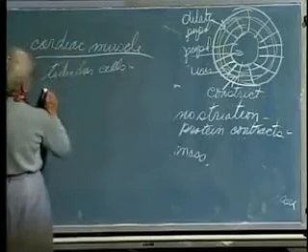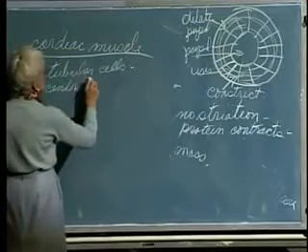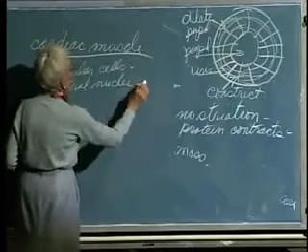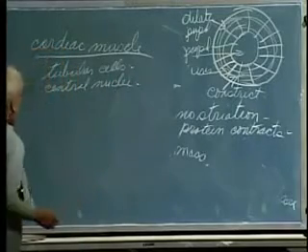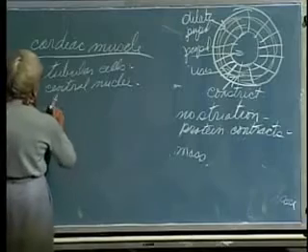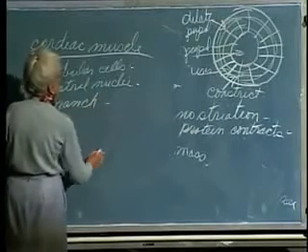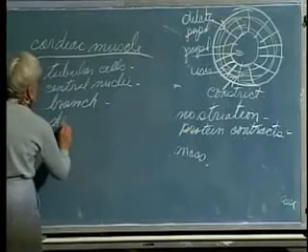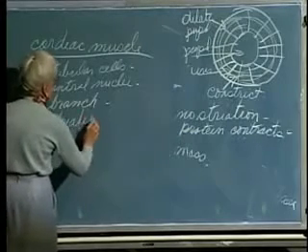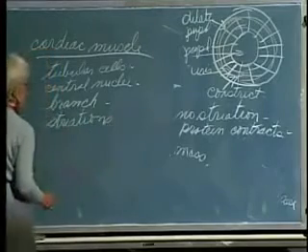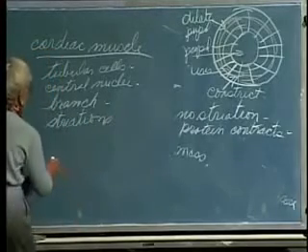They're going to have central nuclei. They're going to branch. They'll have striations. And they'll have intercalated discs.